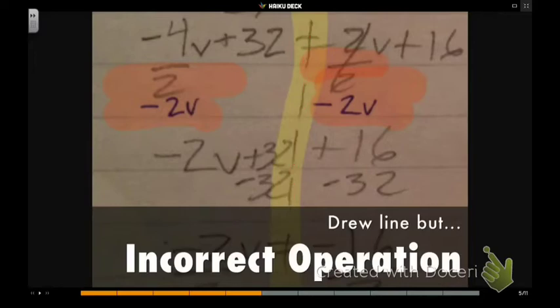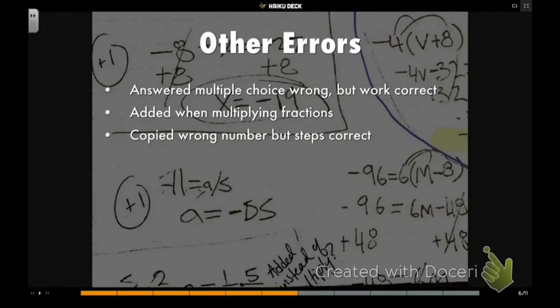Other errors that I found were that a few students answered the multiple choice questions incorrectly, but when they were asked to actually perform the task, they did the steps correctly. The multiple choice question might be, what's the first thing to solve this problem? A, you need to add 5 to both sides, or B, you need to subtract 5 from both sides.